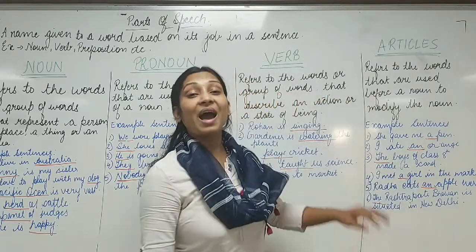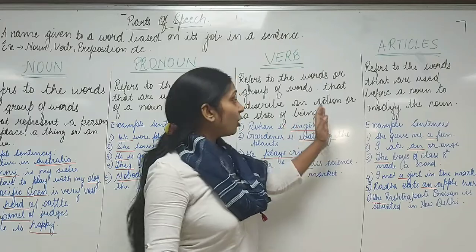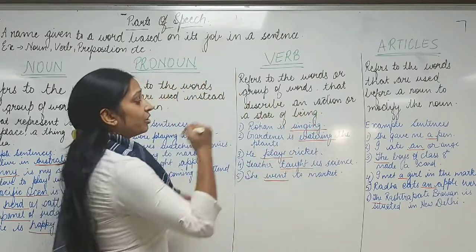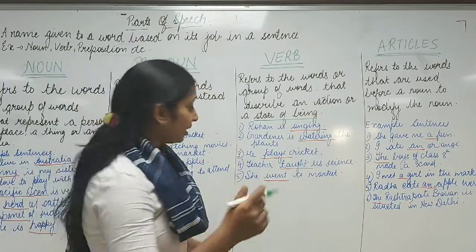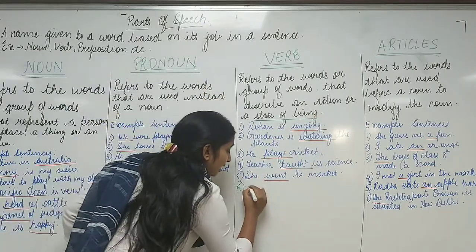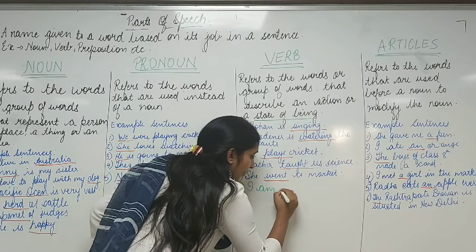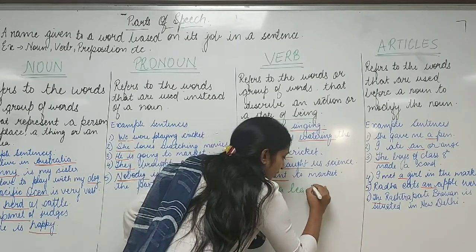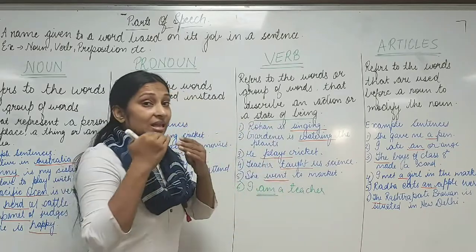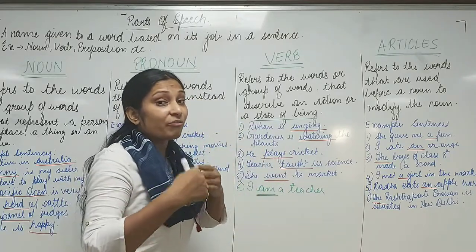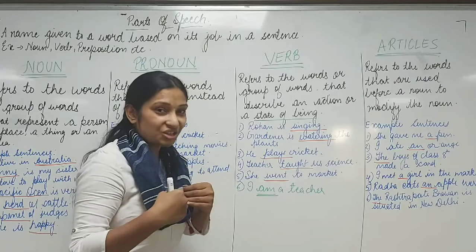Verbs refer to action words, we all know. And I also told you that verbs refer to the state of being. What do you mean by state of being? Example, children, if I say I am a teacher, here the word am is telling me my state of being. What am I? A teacher. Clear?